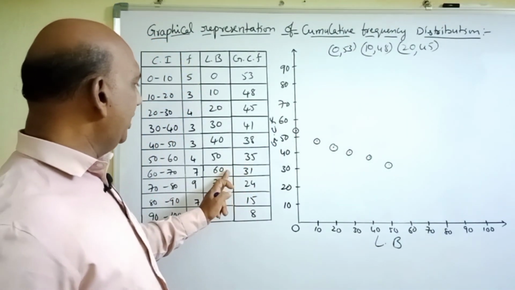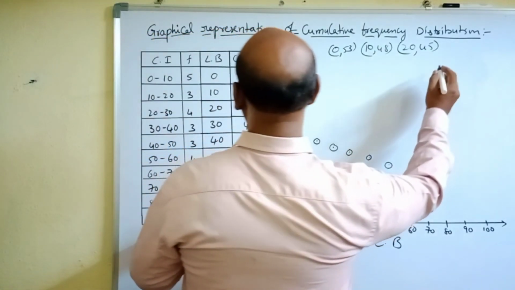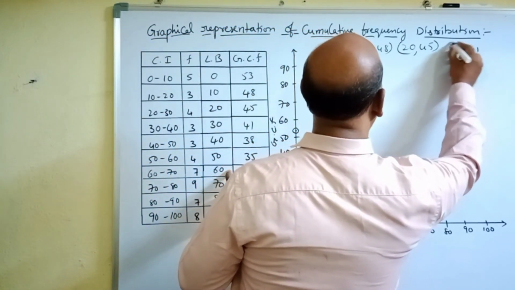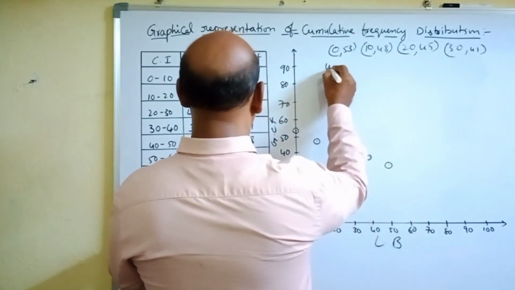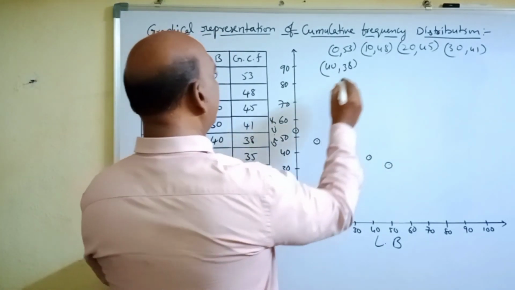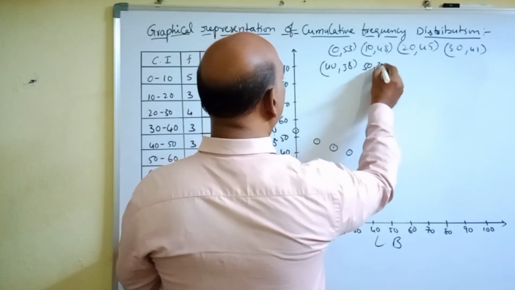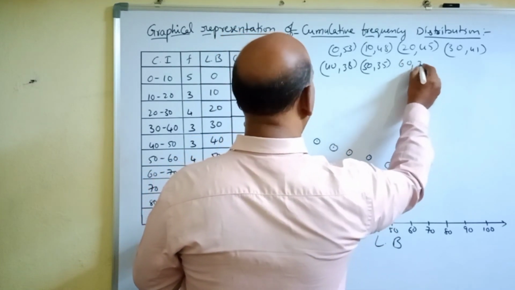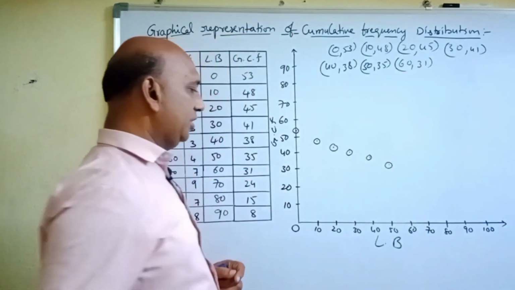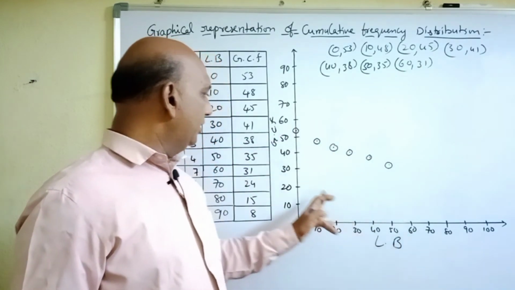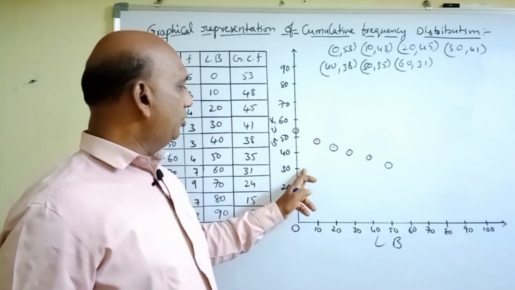Then 60 and 31. So you will write all these here: 20, 45, next one is 30, 41, and the next value is 40, 38, already we plotted this, and then 50, 35, and then we are going to plot 60 and 31. 60 is here and 31 is here, just above 30.